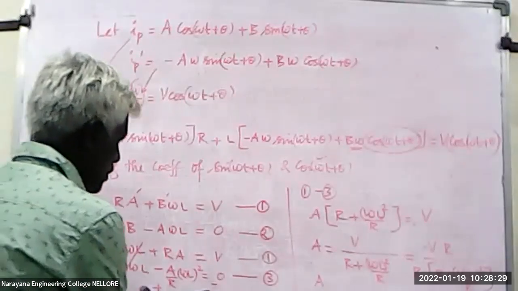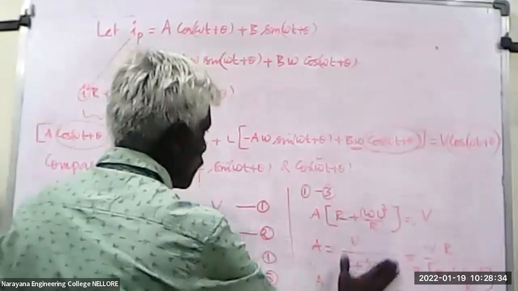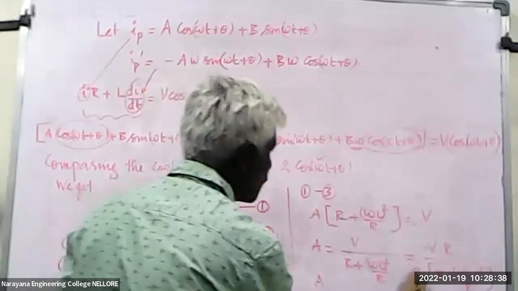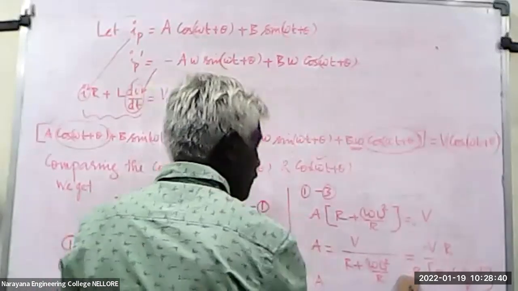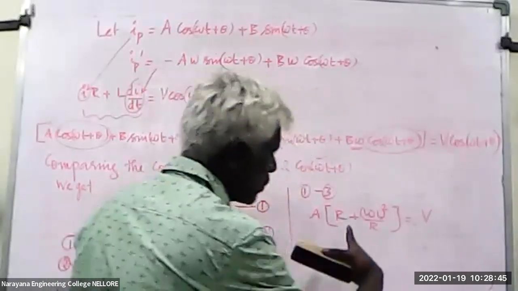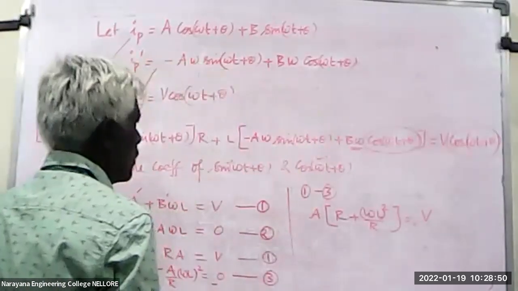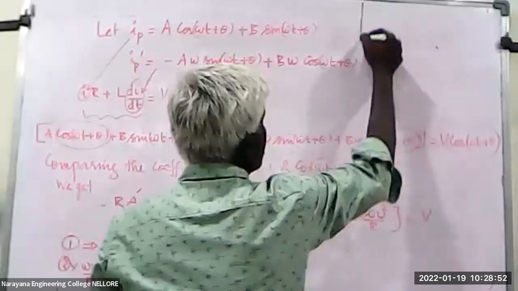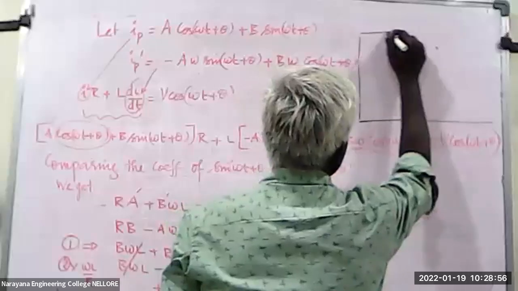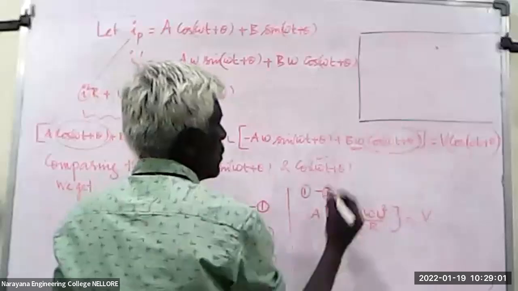Up to A equal to V by R plus omega L whole square by R is visible, sir. This question is not visible for you. No clarity. Okay. Is this okay? Yes, sir. I write here, okay? This question is clear, right, for you? Yes, sir.